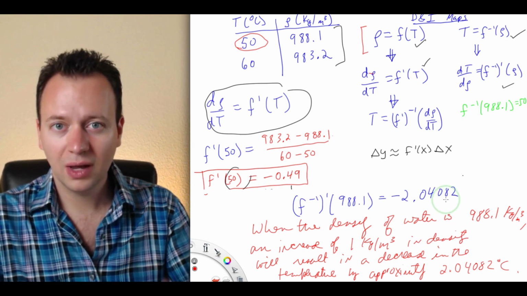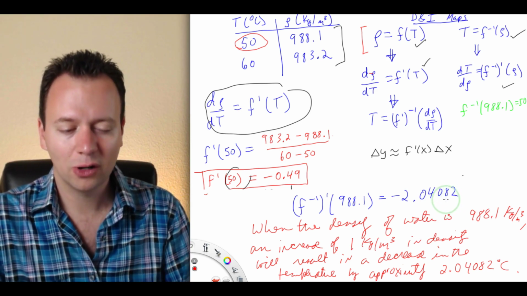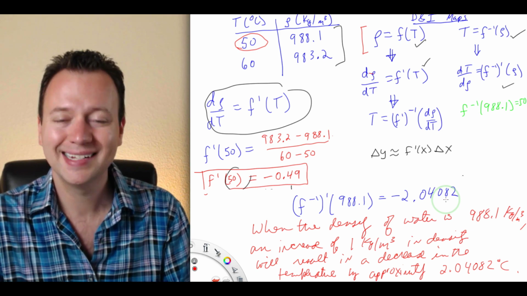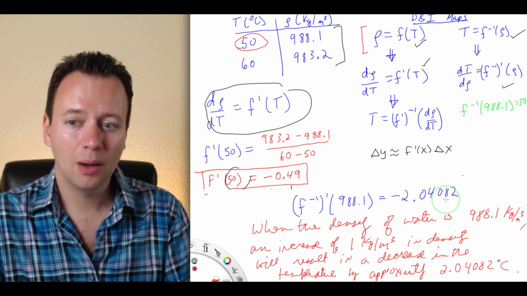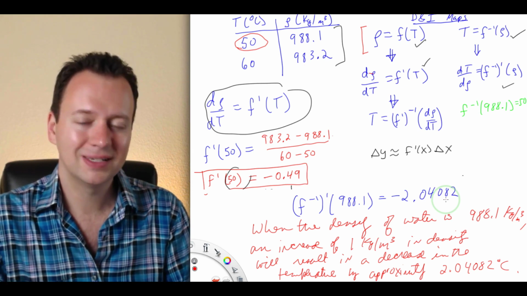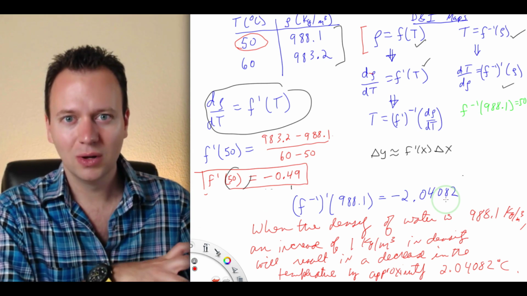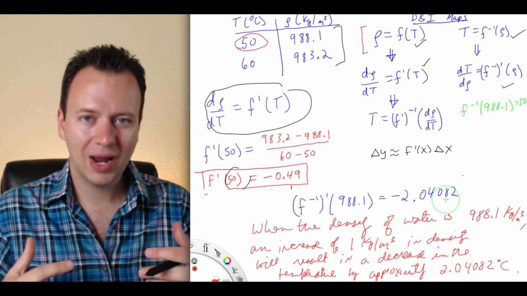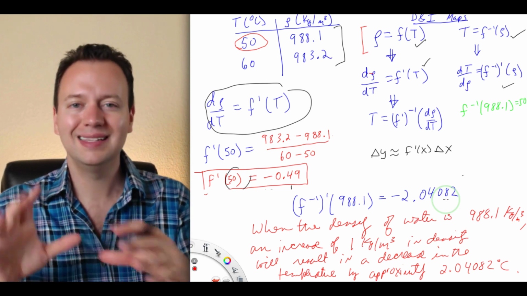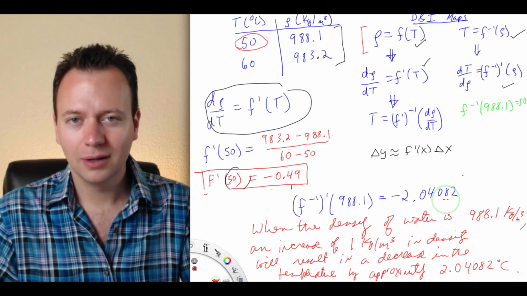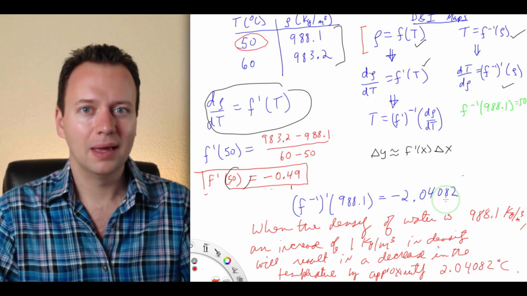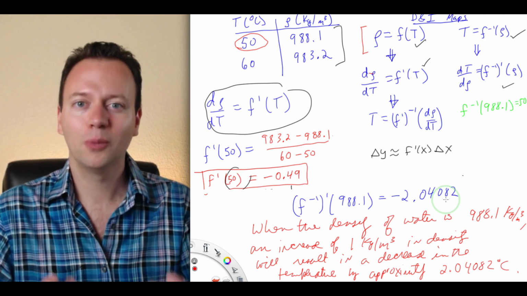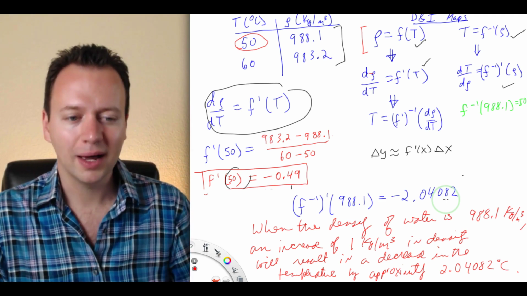So a 1 kilogram per cubic meter increase in density will result in a corresponding decrease in the temperature by approximately 2 degrees. So again, instead of saying increasing by -2, I'm translating that into English by saying it decreases by 2. A decrease by 2 is the same as an increase by -2, but to interpret this practically, you say a decrease by 2.